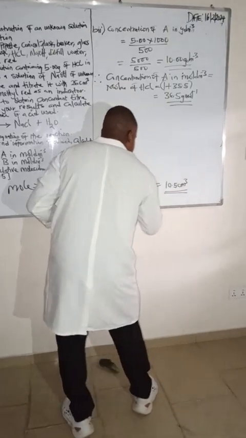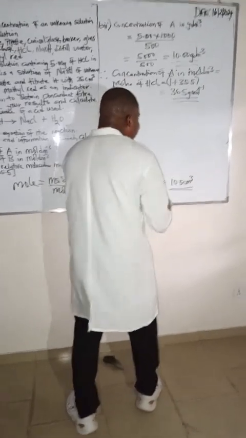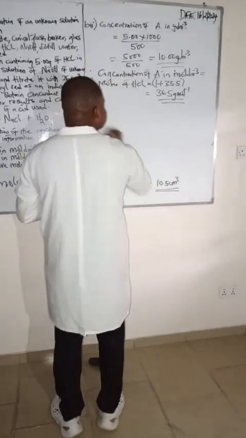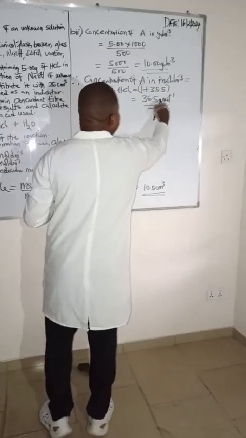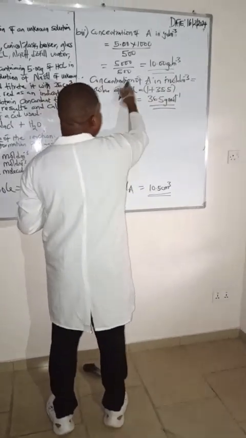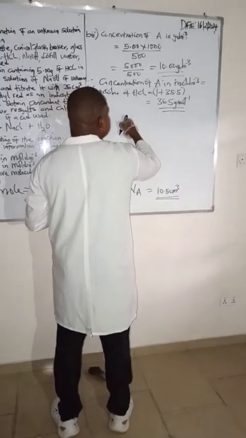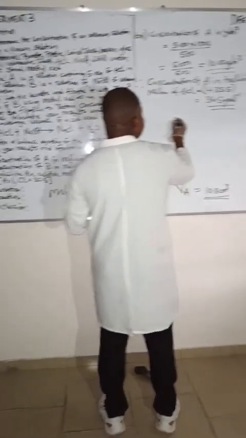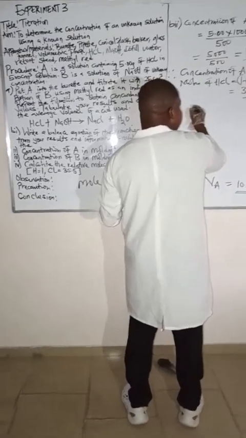We know this. Our VA, volume of acid, is equal to this. Now, this is 36.5 gram per mole. The next thing I'm going to do, we will now introduce our formula. Are you following?